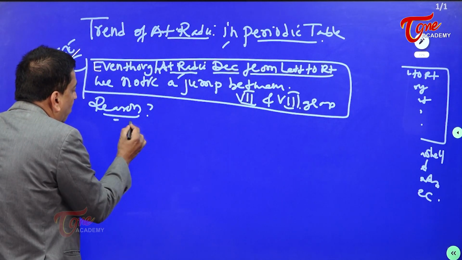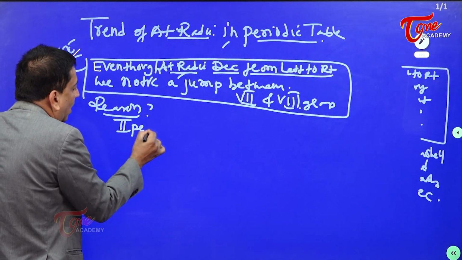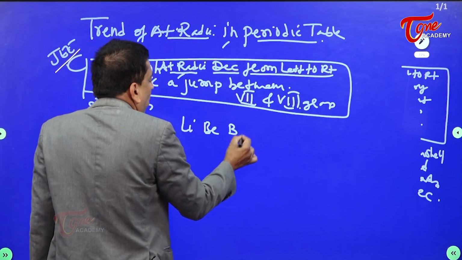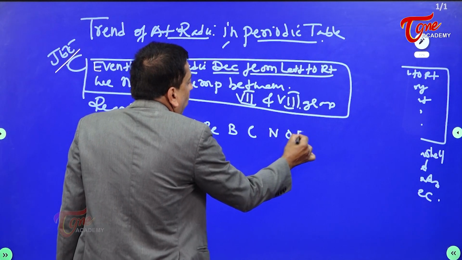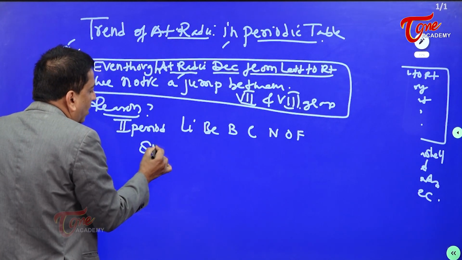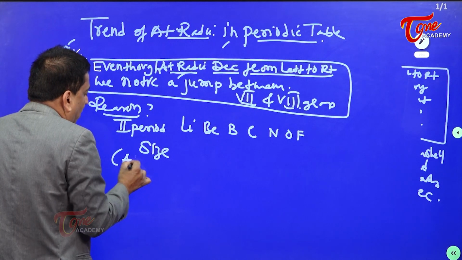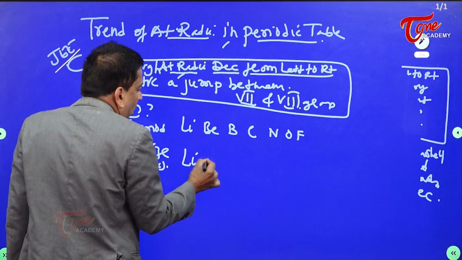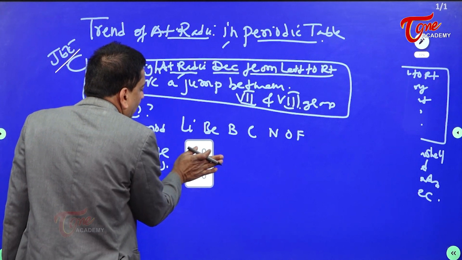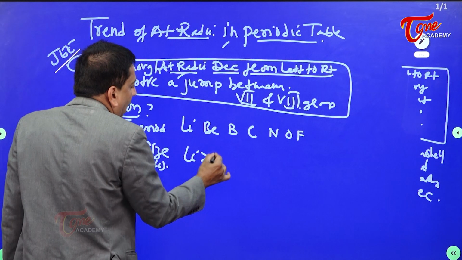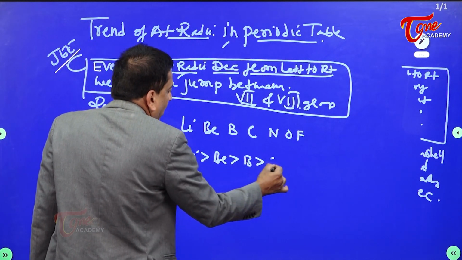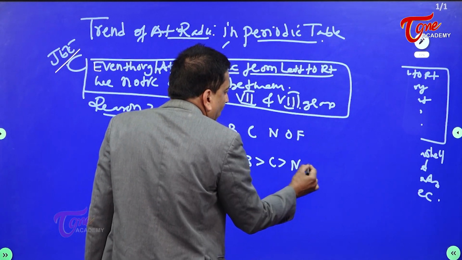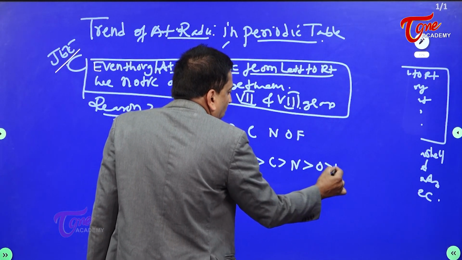If you look into the second period, that is lithium, beryllium, boron, carbon, nitrogen, oxygen and fluorine, and you look at the atomic radii, lithium is greater than beryllium, greater than boron, greater than carbon, greater than nitrogen, greater than oxygen, greater than fluorine.